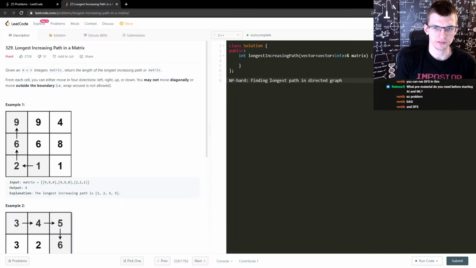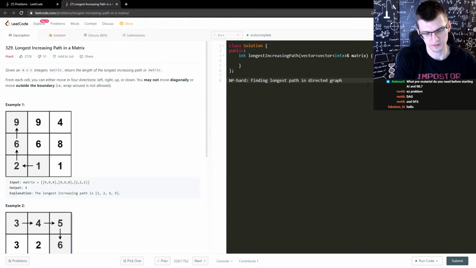Unless there are no cycles. I mean, this problem makes sense only if there are no cycles, or if there is a cycle, then the difficulty here is to avoid repetitions. But this problem becomes much easier if there are no cycles. So I should have written here longest simple path. Simple means no intersections. And let's say that this is easy.